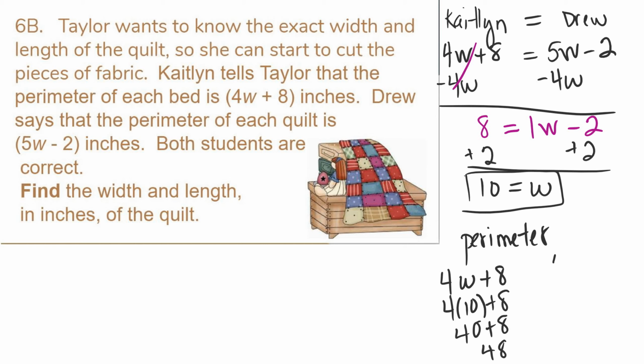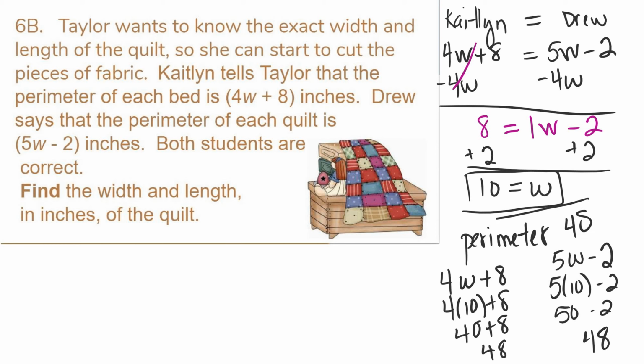And Drew's, 5W minus 2, so 5 times 10 is 50, take 2 away, is also 48. So I know the perimeter is 48. Those are the two bits of information that I can get from this. I can't find the length because I wasn't given all the dimensions for this particular quilt.